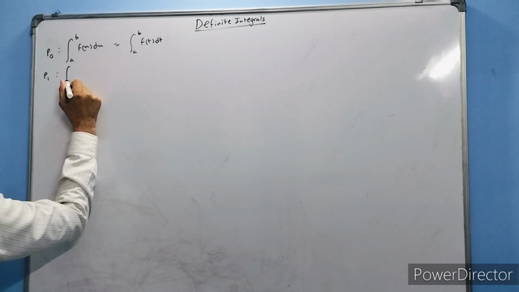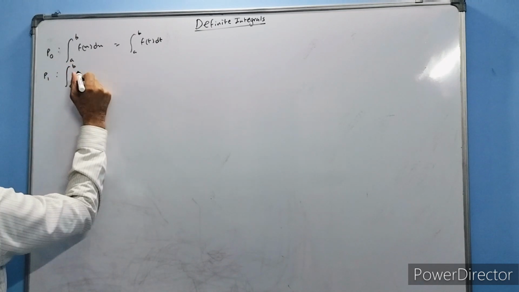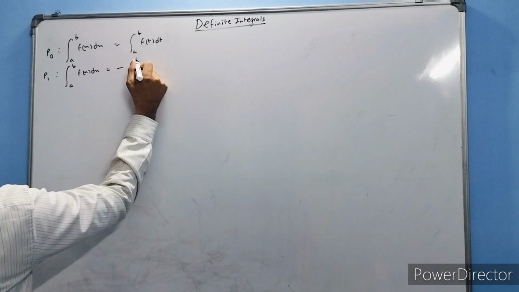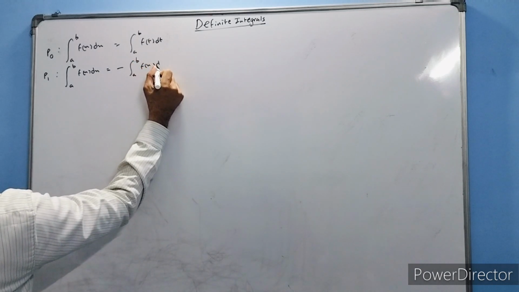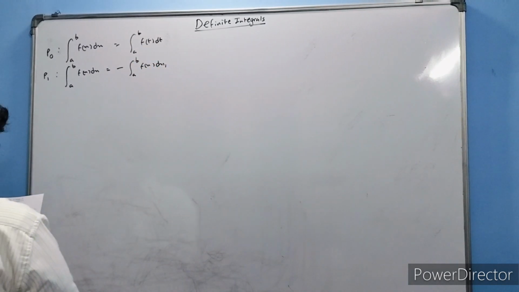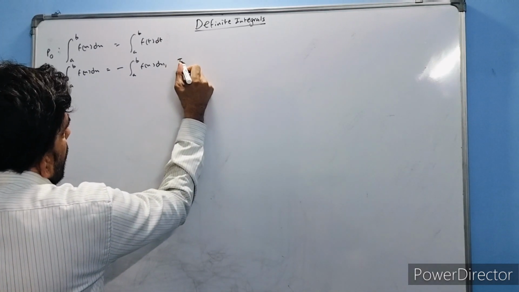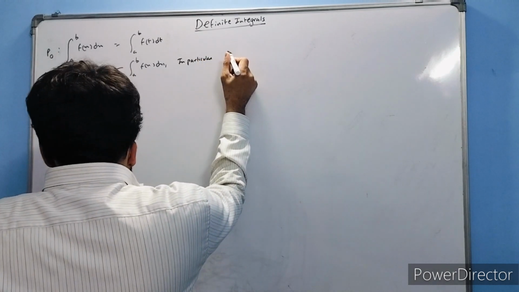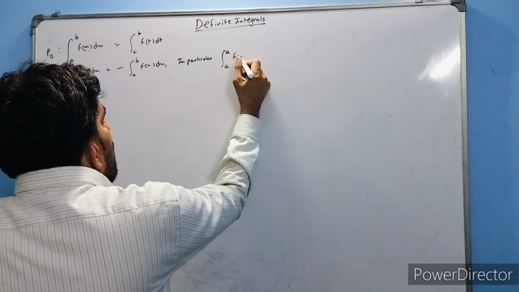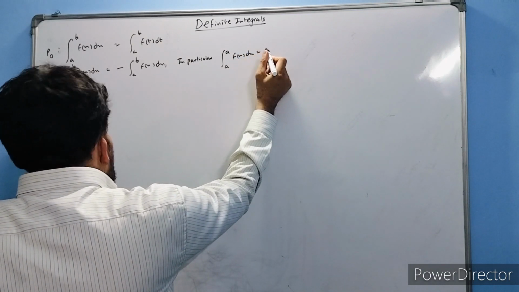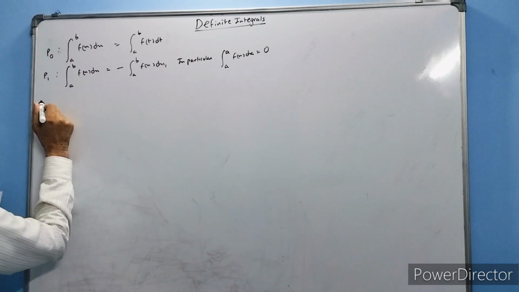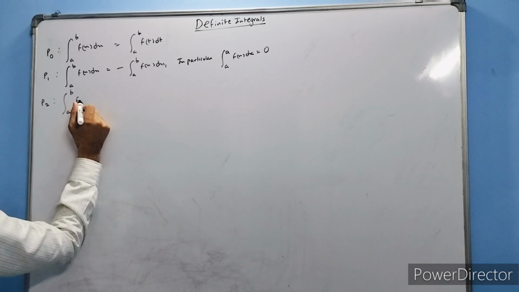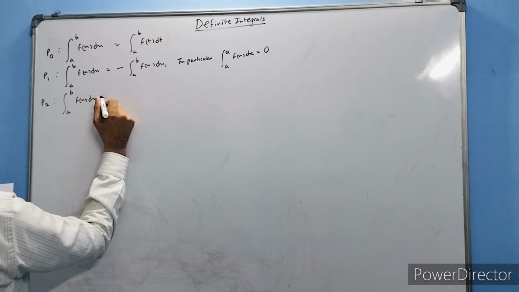Now we have the next property: the integral from a to b of f(x) dx we can write as minus the integral from b to a of f(x) dx. But in some particular cases, we can also say the integral from a to a of f(x) dx is equal to 0.